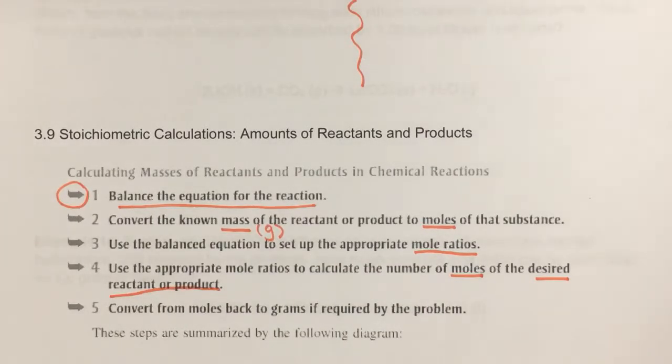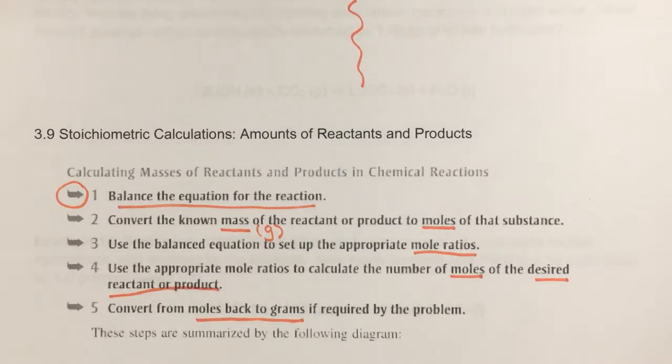Once I have moles of what I'm trying to find out about, I'm going to change those moles back to grams, but this time it's my new reactant or my new product. Okay? Sounds a little tricky, but it's always the same order.